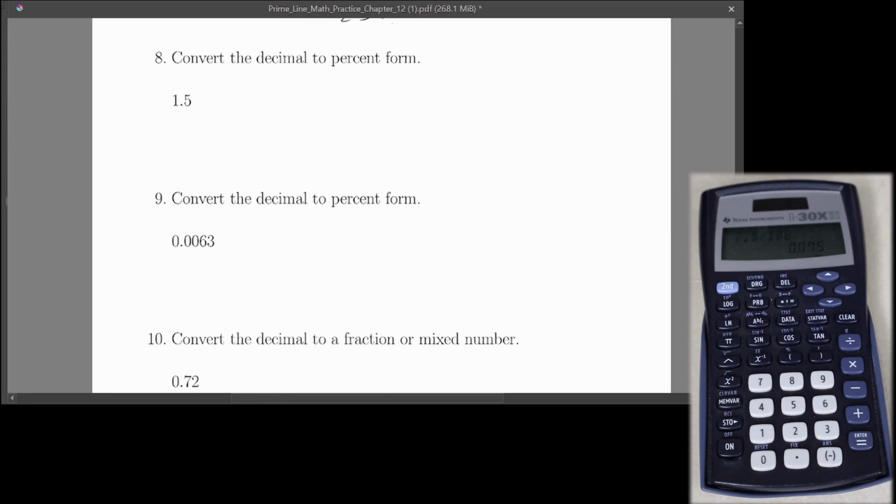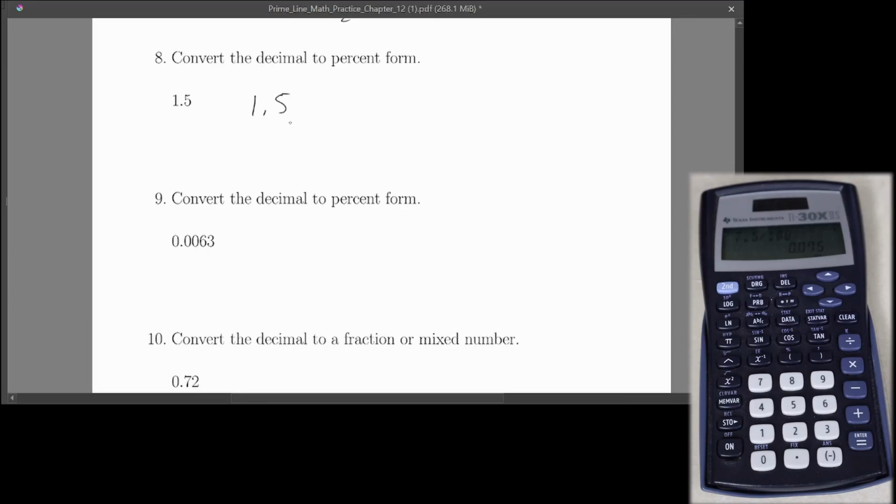Number 8, converting the decimal to percent form. So we are going to divide it by 100. Nope. Sorry, we're going to convert 1.5, and we are going to convert this to a percent.